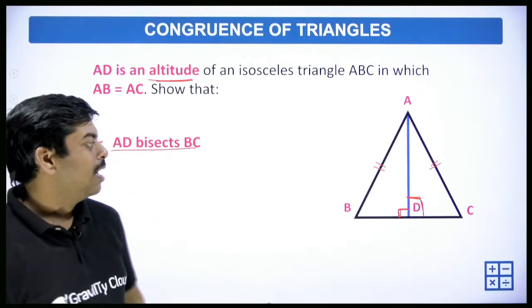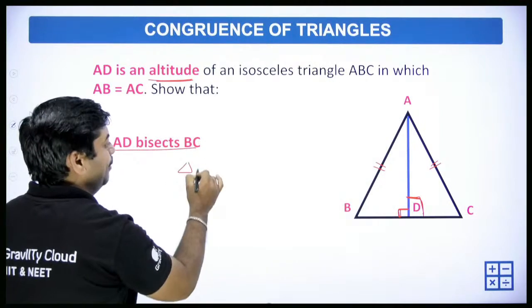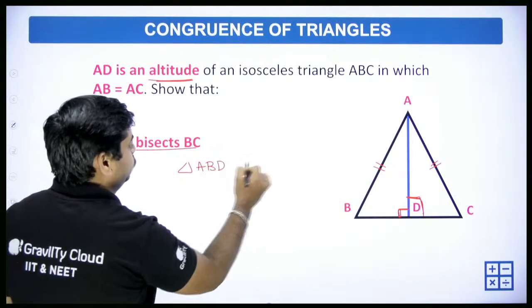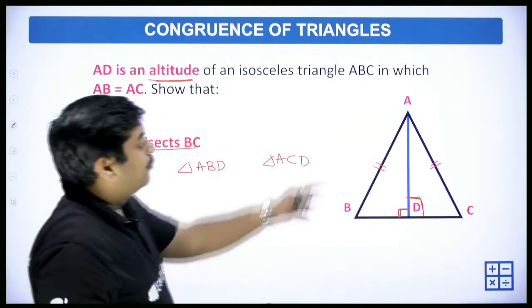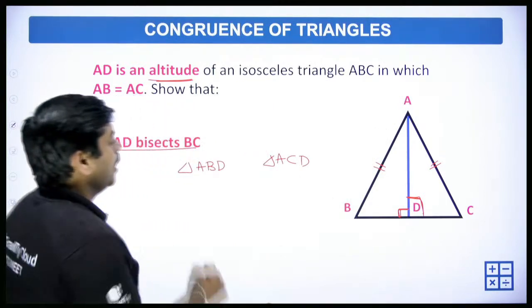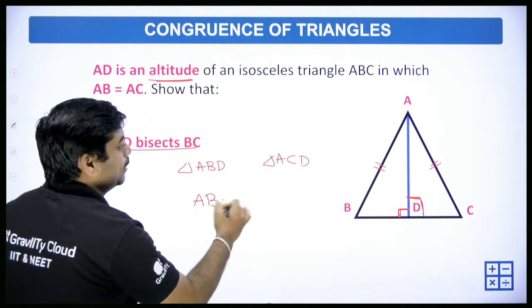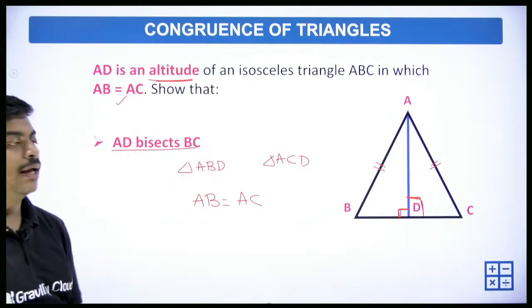See here, we have triangle ABD and triangle ACD. If you carefully observe, side AB is equal to AC, it is already given, as it is an isosceles triangle.